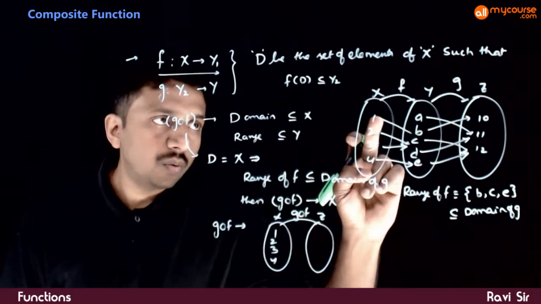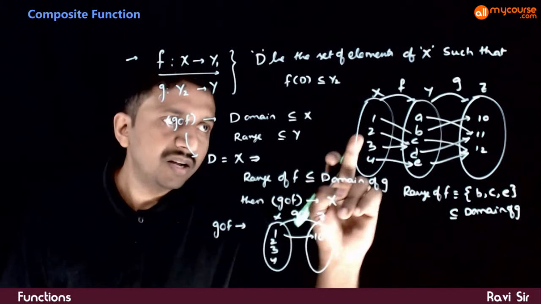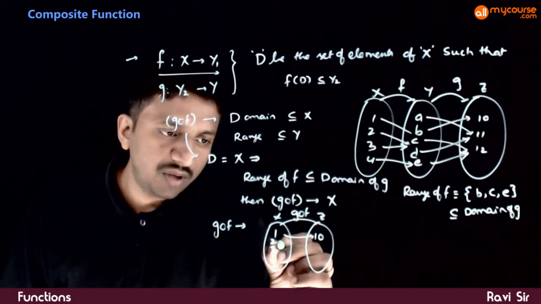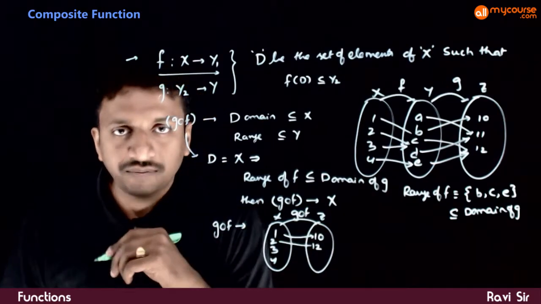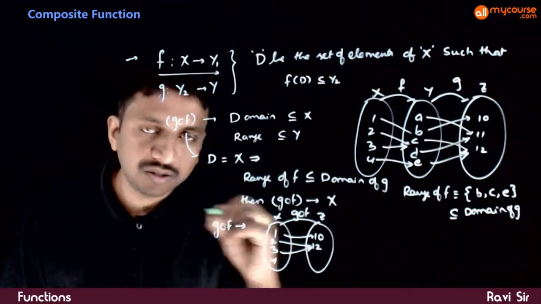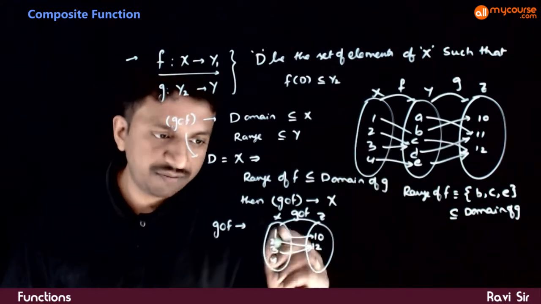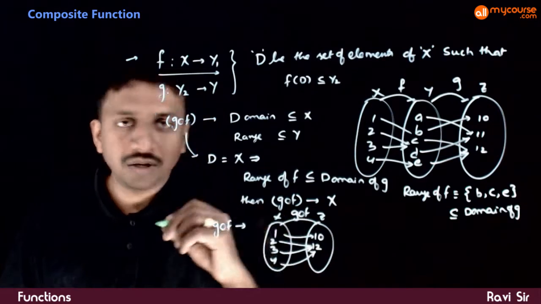So 1 is going to B, B is going to 10. So 1 goes to 10. 2 goes to C, C goes to 12. So effectively 2 goes to 12. 3 goes to C, C goes to 12. So effectively 3 also goes to 12. And 4 to E, E to 12. So 4 also is going to 12.